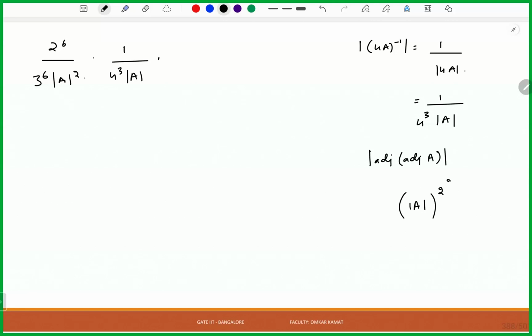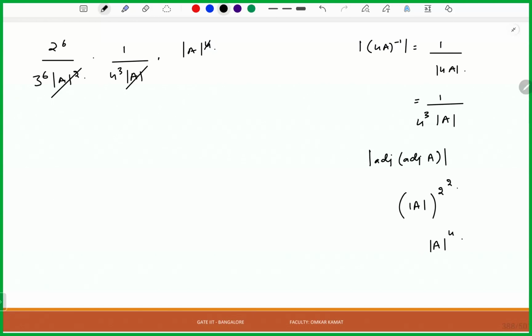That is 2 to the power of square, which will be determinant of A to the power of 4. So here we have determinant of A to the power of 4, and here we have A squared and determinant of A. It will get cancelled. Only determinant of A will remain. So finally it is nothing but what?